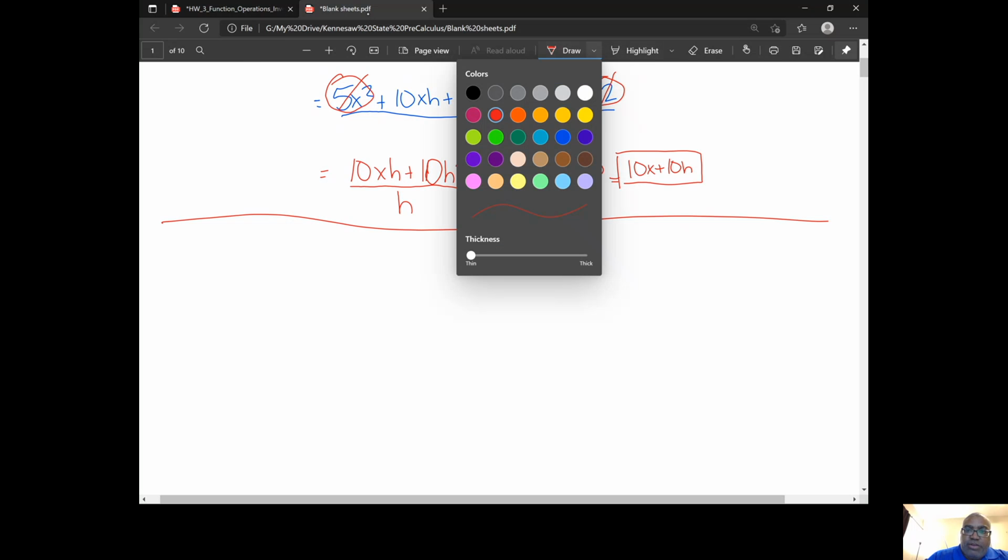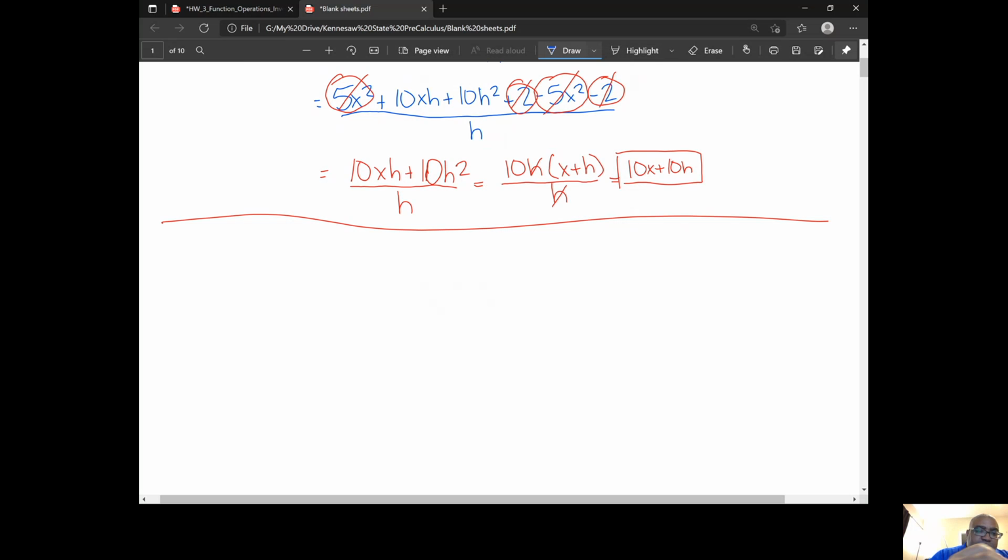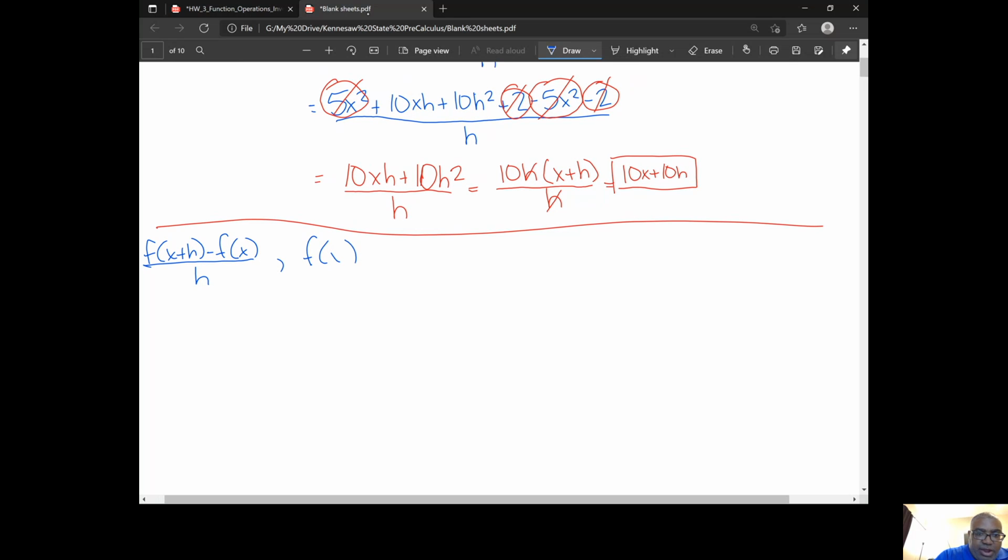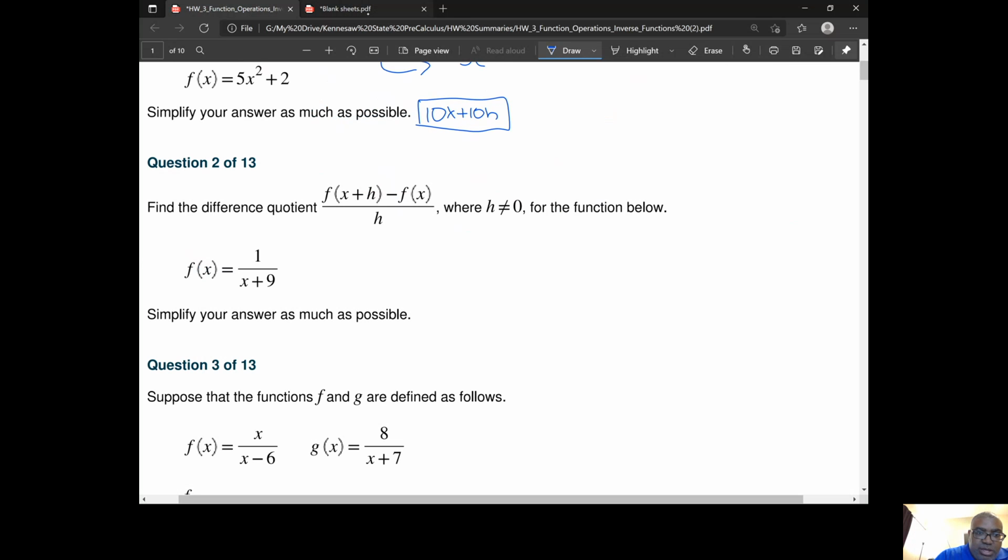I'm going to rewrite the difference quotient just as a matter of course: f of x plus h minus f of x over h. And f of x in our case is equal to 1 over x plus 9.